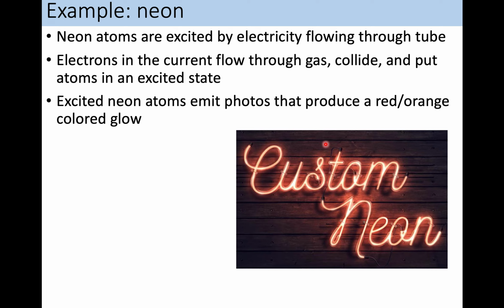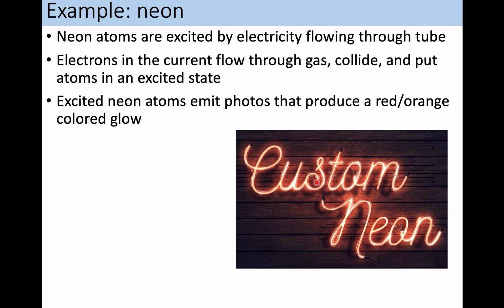What you're going to get is this orangey red glow, because as the current flows through the gas, it's colliding, you're exciting the electrons, so the atoms are constantly jumping up, falling back, jumping up, falling back, jumping up, falling back. So you are constantly emitting these photons in the specific wavelength that neon emits.